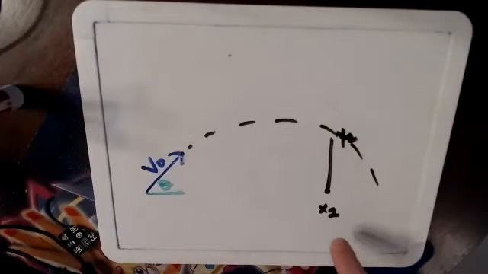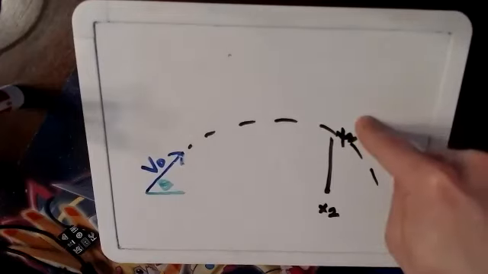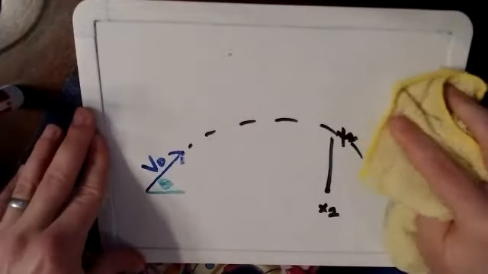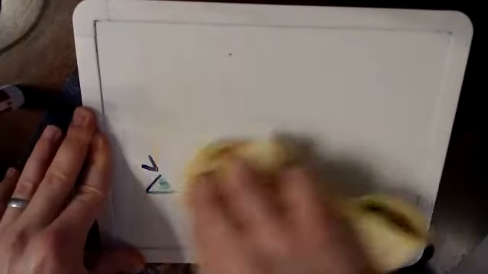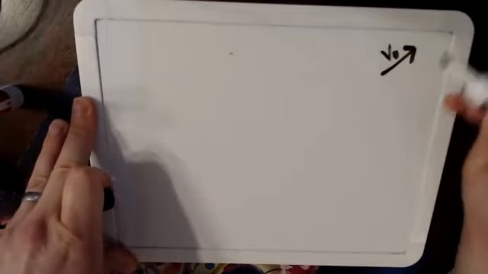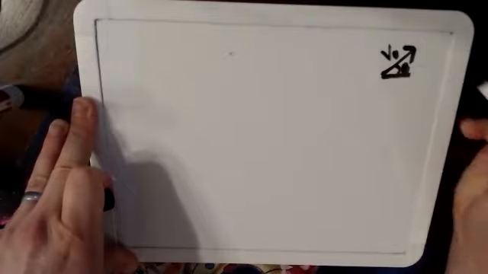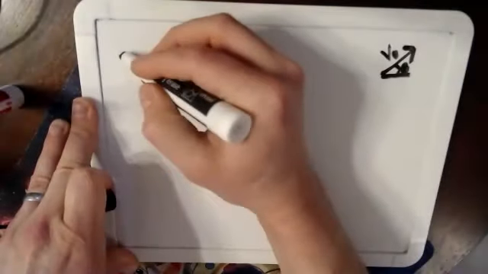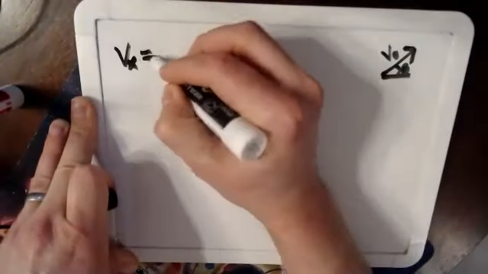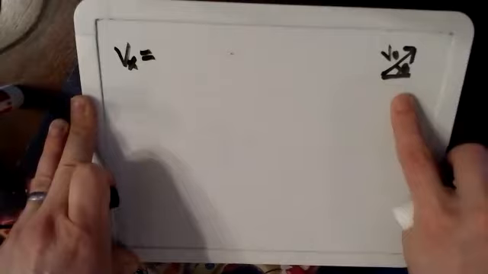So we need to be able to describe its horizontal motion and its vertical motion as we go through this problem. So to begin this process of solving it, I'm just going to draw this generic diagram up here on the top right, so we have it for reference. I'm going to say that the horizontal velocity, the Vx, if you will, is equivalent to V0 cosine theta.